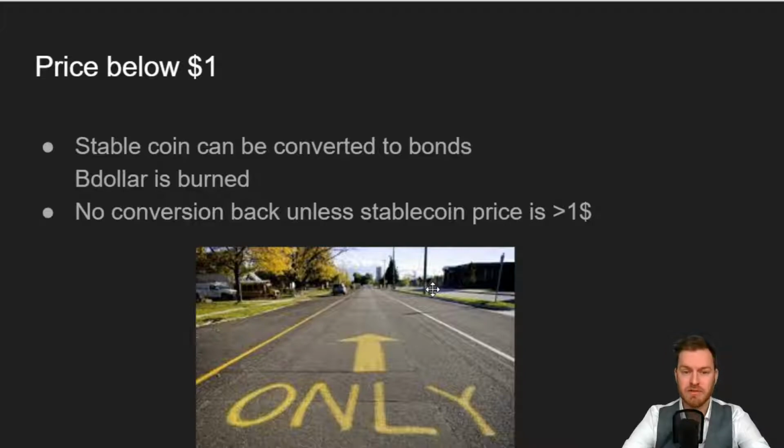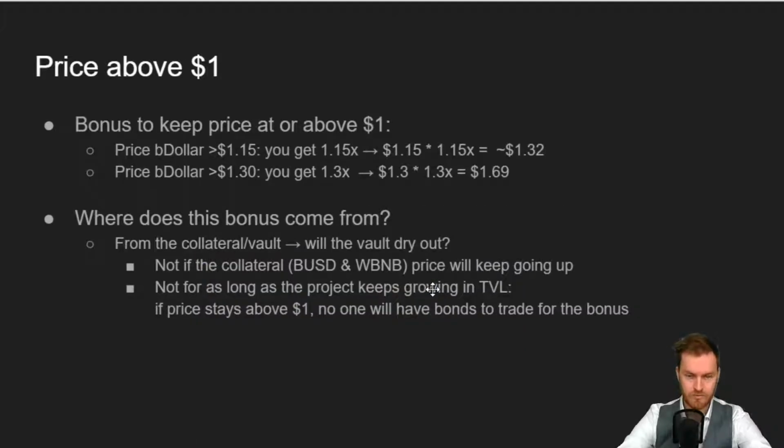It's a pretty nice mechanism, but it does require you to have some trust in the project that the price will be above $1, and preferably above $1.15 again, and also that there is collateral in the vaults to pay for this bonus. So once the price is above $1 again, you can get this bonus.